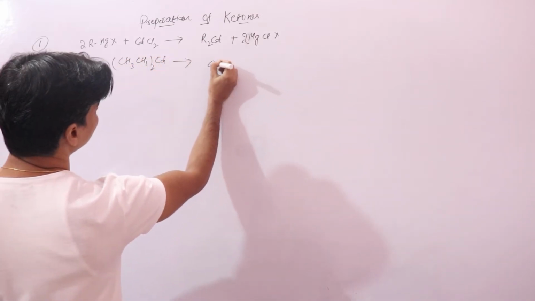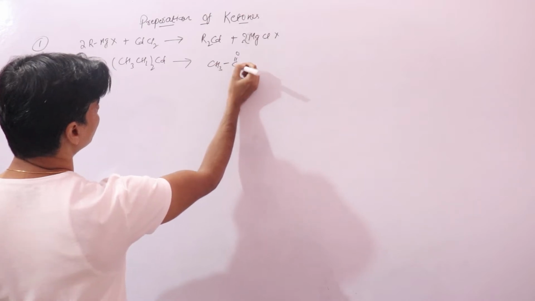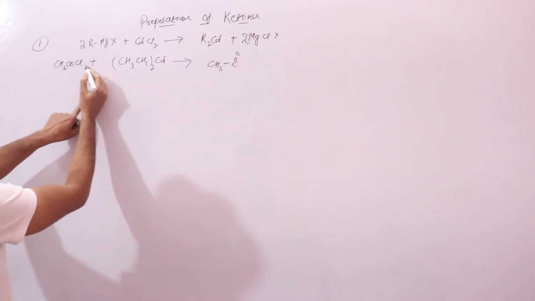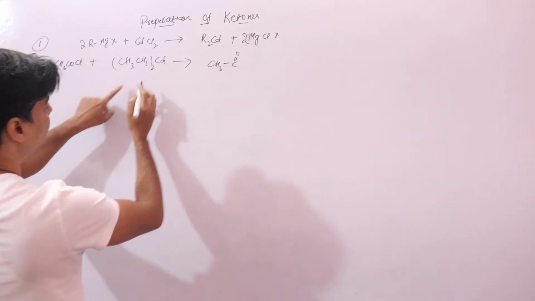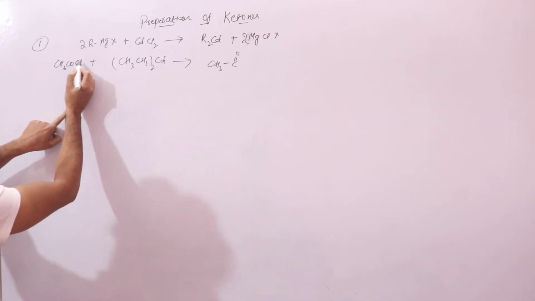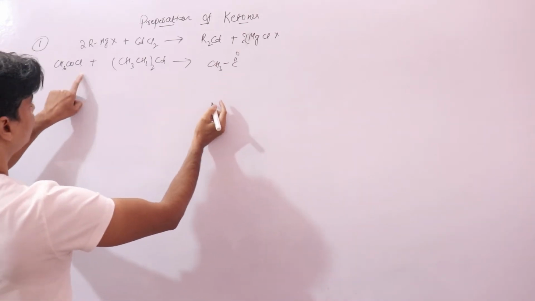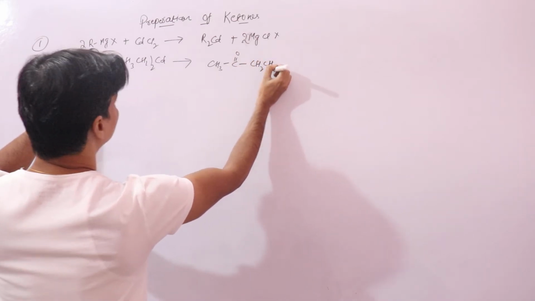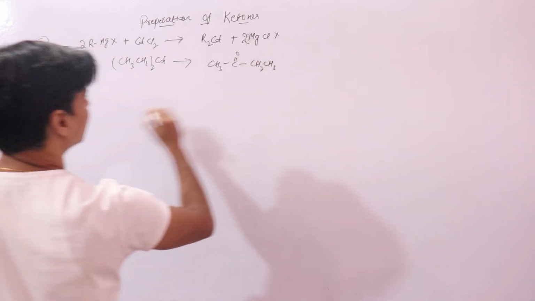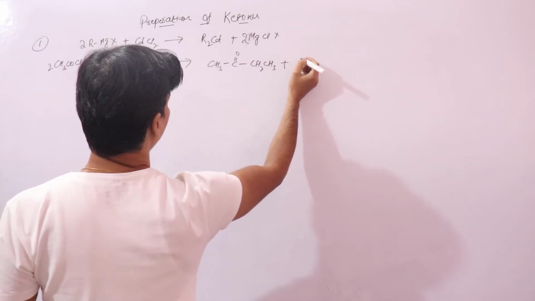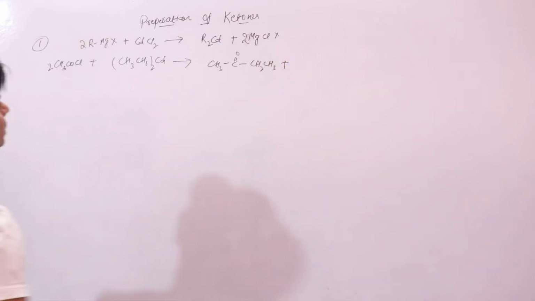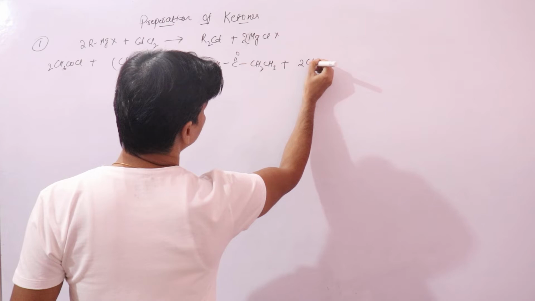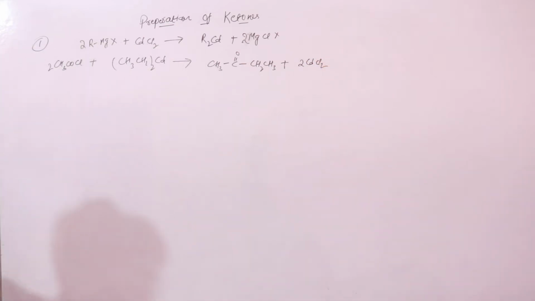Now it will give you CH3C=O. The acetyl chloride will react with one ethyl of the cadmium compound, which replaces the Cl to give CH2CH3, and the other ethyl will combine with Cl to give ethyl chloride. Here you have 2, plus you will get CdCl2. So what you have got is a ketone. You have prepared a ketone.